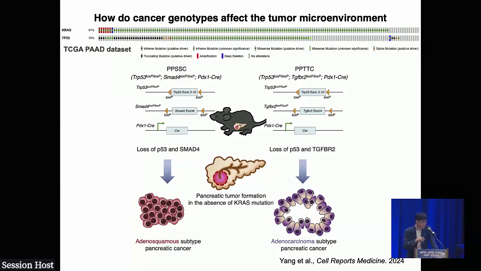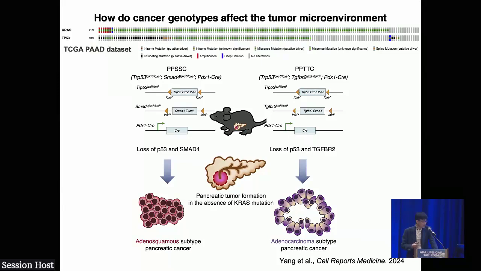Without KRAS, we introduce the P53 loss and SMAD4 loss. On the right, we have the PPTTC model with the P53 loss in combination with the TGF-beta receptor 2 loss. These are all three major tumor suppressors in pancreatic tumors.